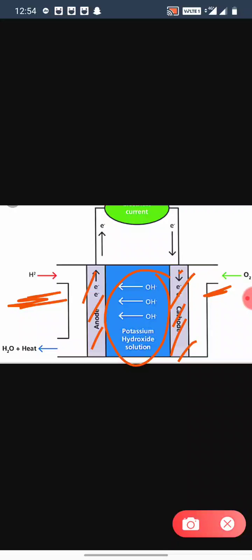This electrolyte prevents the direct combination of hydrogen and oxygen, which may otherwise lead to combustion. So to lower the pace of the reaction, we have an aqueous solution of KOH or NaOH in between, and as a result we get H2O and heat as the product. I hope the diagram is clear to you.